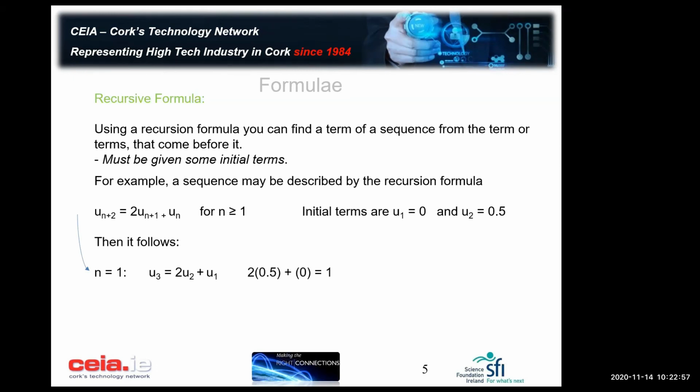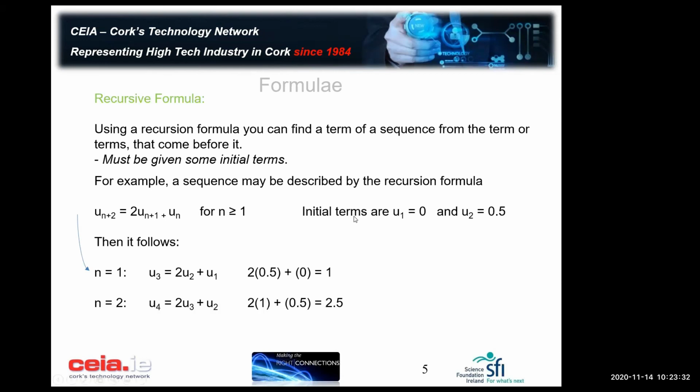Because remember, if you look at the formula, u of n plus 2, so you sub in for n, that gives you u of 3 is equal to 2 times u of 2 plus u1. Remember, I'm substituting in 1 everywhere there's an n in the formula. And that gives us 2 by 0.5 plus 0 is equal to 1. So that's telling us that u of 3 is equal to 1. And we were able to calculate it based on knowing u1 and u2.